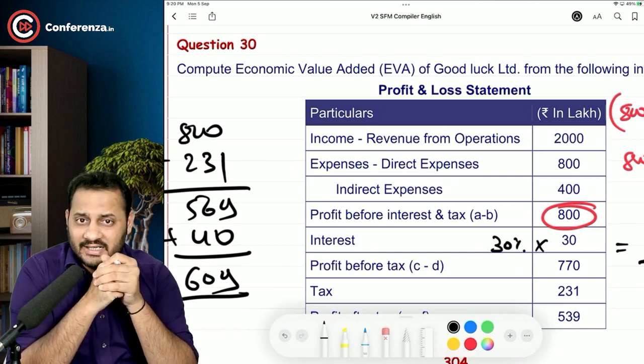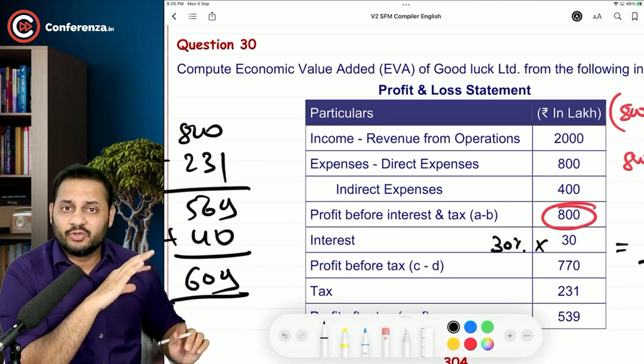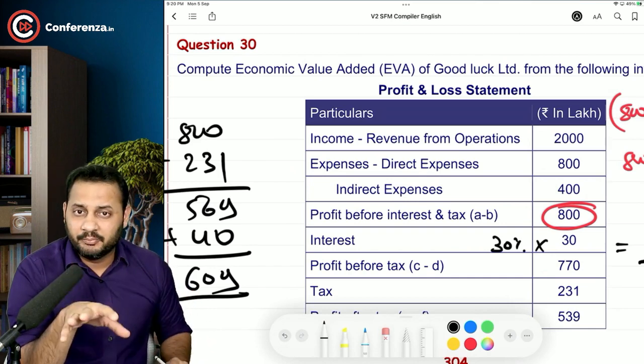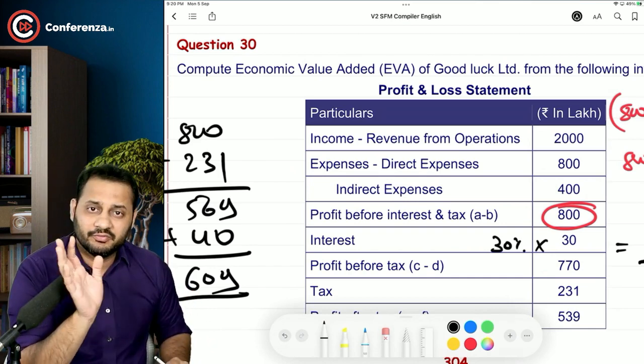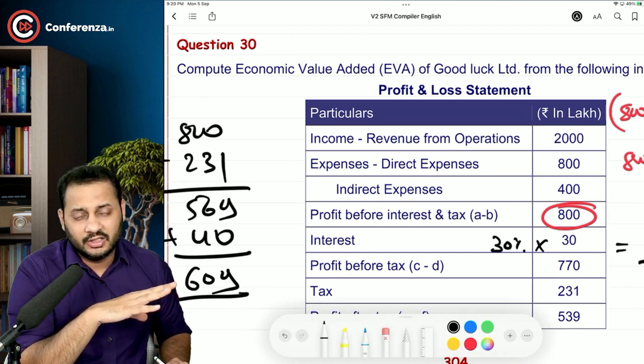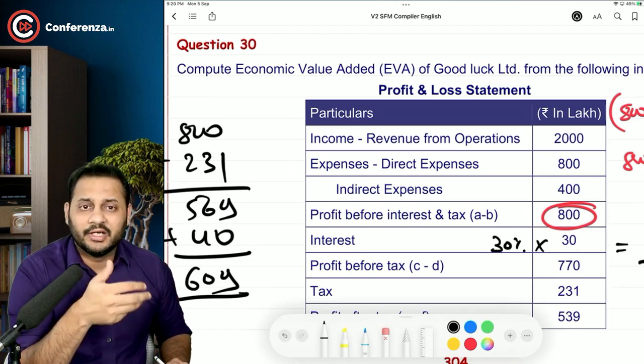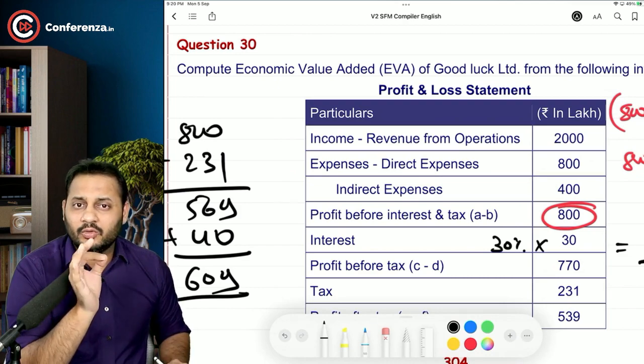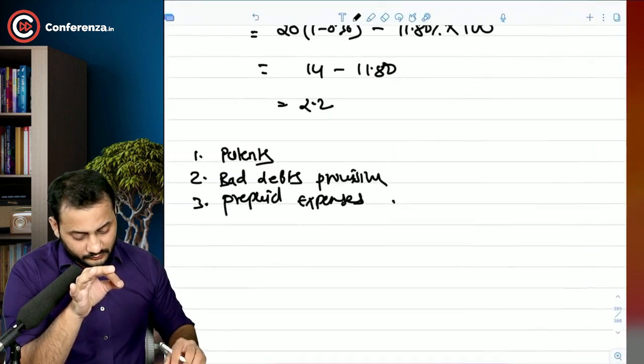So I am not satisfied with the institute's answer of 609 in this question. You can compare the answer of this question with the questions that we are going to discuss after this, and then you will get to know about it.